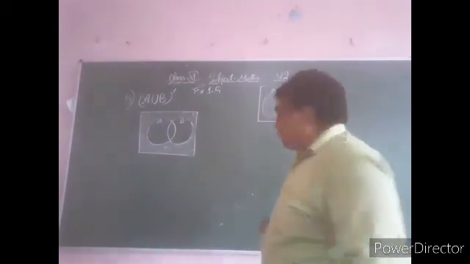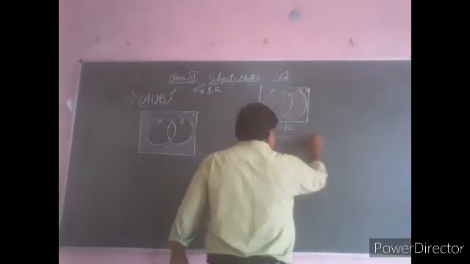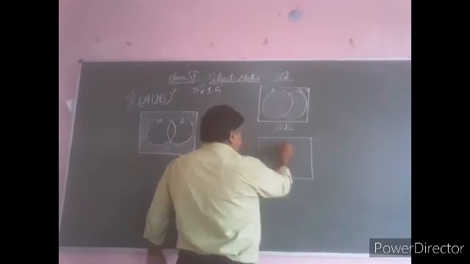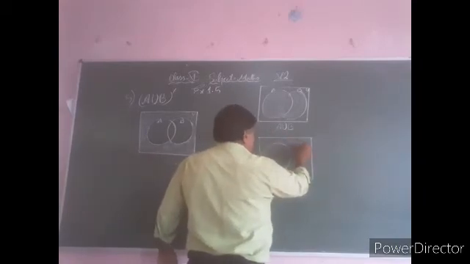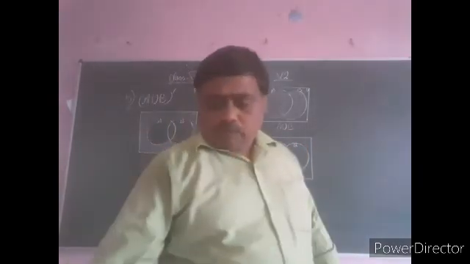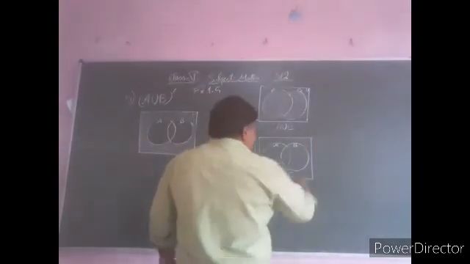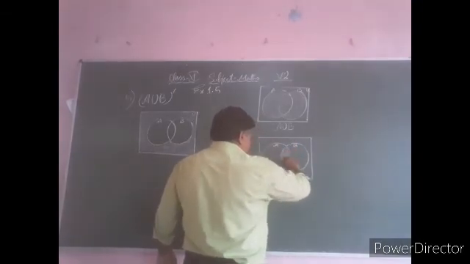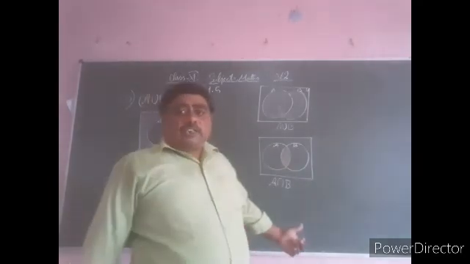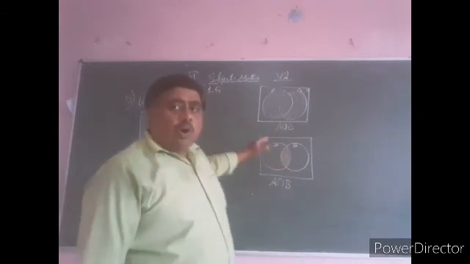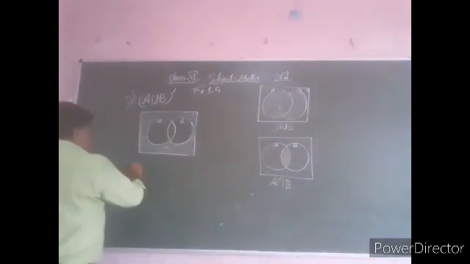Similarly, A intersection B complement. This is A, this is B. Now A intersection B is this. In A intersection B complement, except this portion, shade all the rest of the portion.